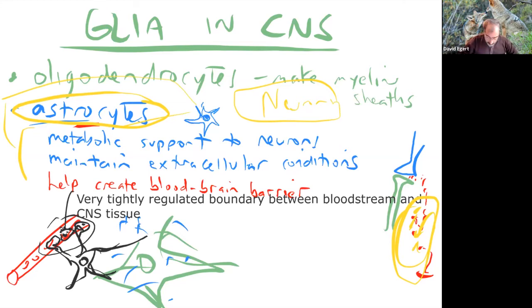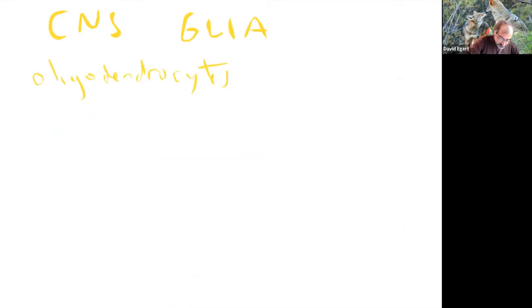Let's continue. More glia. So CNS glial cells: oligodendrocytes, astrocytes, and the next one we're going to talk about are microglia.